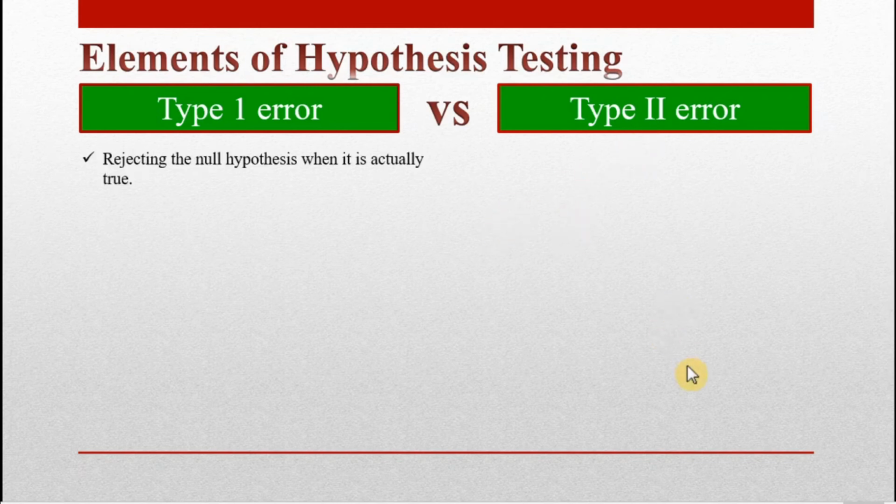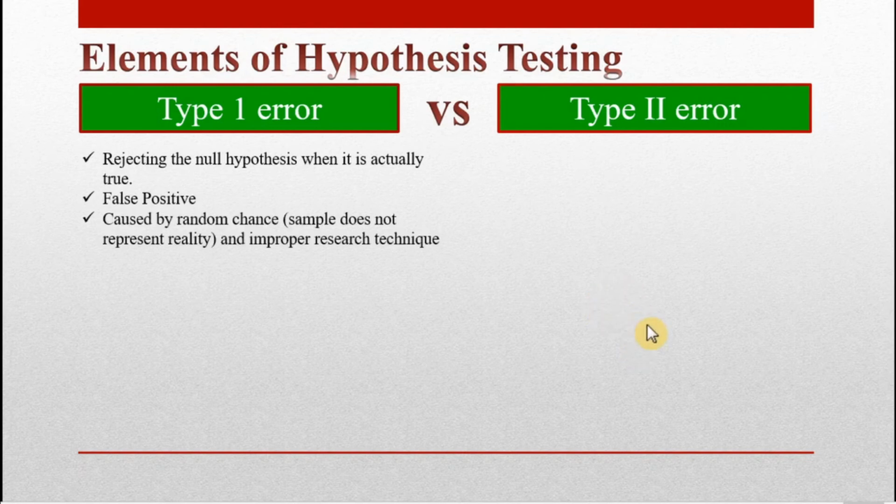Type 1 error refers to the error that we make when we reject the null hypothesis when it is actually true. Some call this error a false positive. Type 1 error is caused by random chance. For example, the sample is not really representative of the reality, or it could be caused by improper research technique.